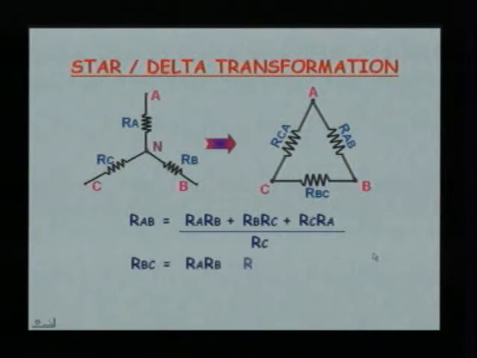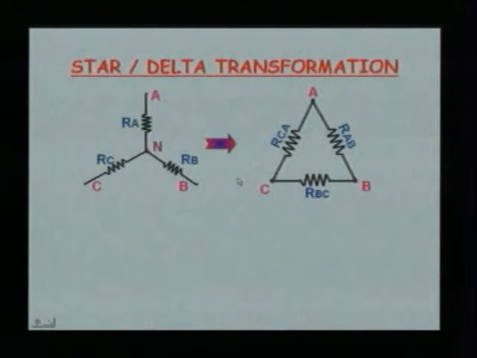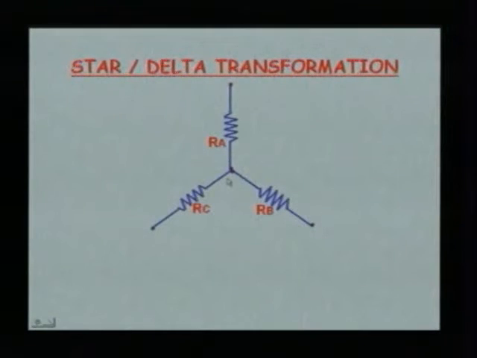Similarly, for RBC, we have RARB plus RBRC plus RCRA divided by the opposite component, which would be RA. Likewise, for RCA, RCA is equal to RARB plus RBRC plus RCRA divided by the opposite component, which would be RB. So, this is how we can have the equivalent delta from the given star.